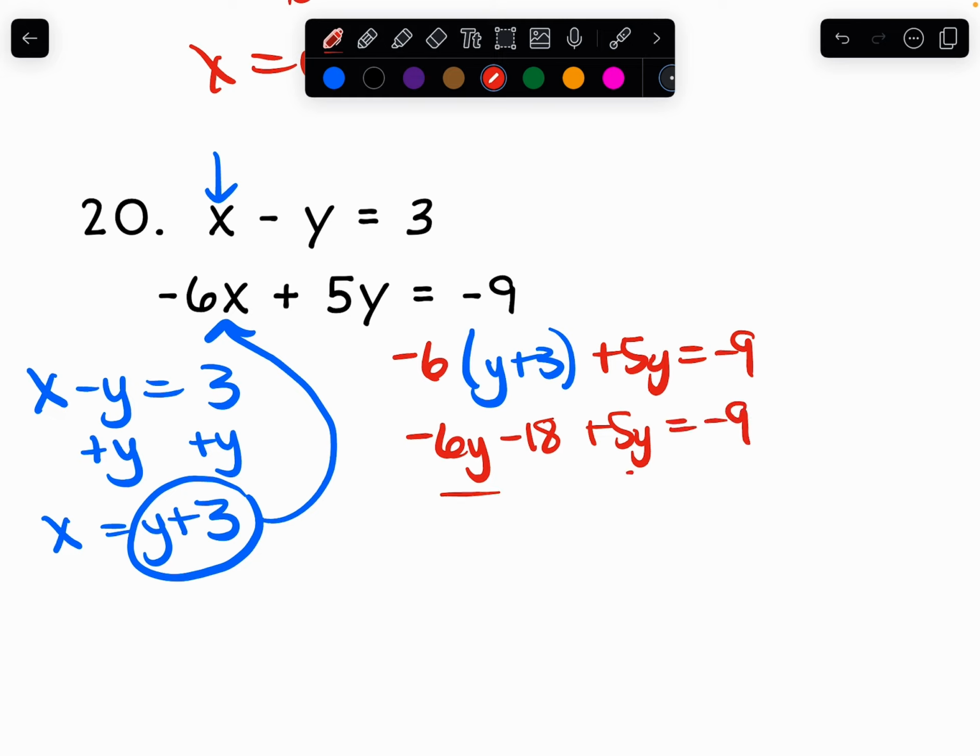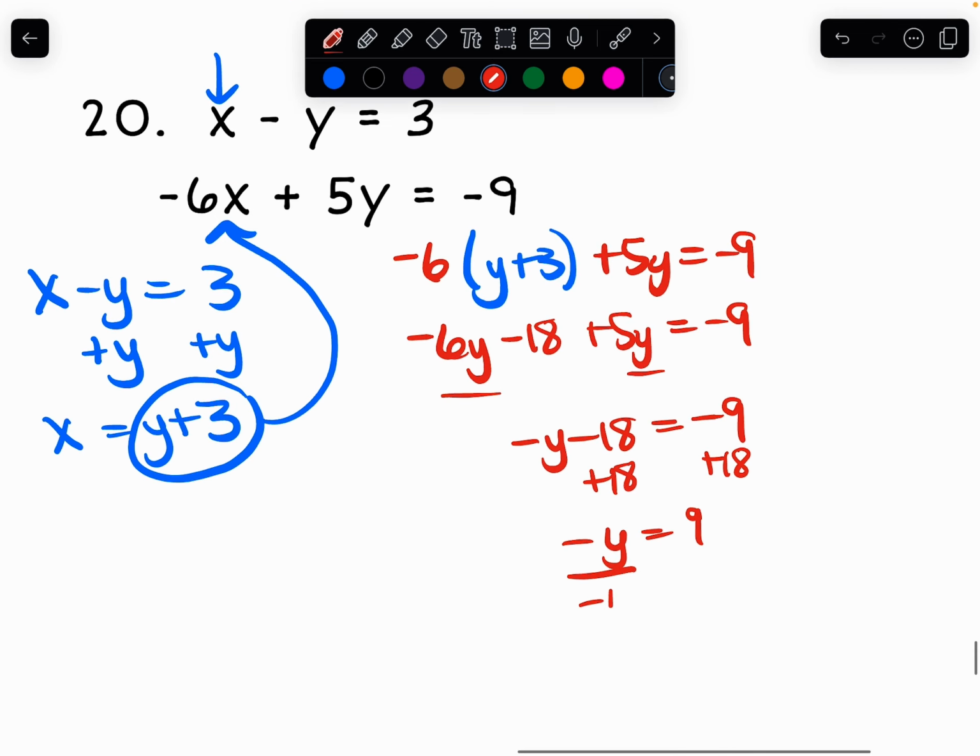I'm going to combine like terms and get negative y minus 18 equals negative 9. I'm going to add 18 to both sides. I'm going to get negative y equals 9. I'm going to divide both sides by negative 1. And I'm going to get y equals negative 9.